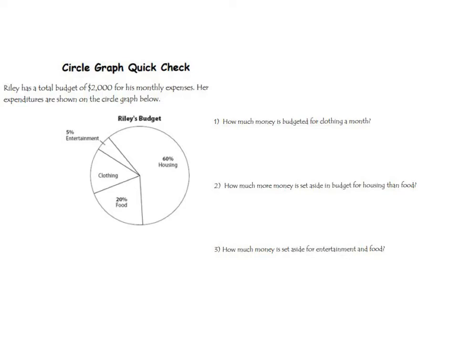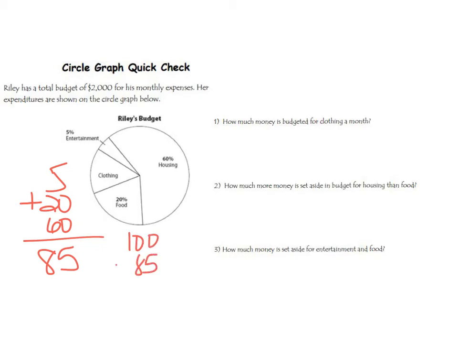So you're going to go ahead and add 5 plus 20 plus 60. So that's going to be 85. If we're subtracting 85 from 100, that's going to give you 15. Okay, so it is 15%. So clothing will be 15%.